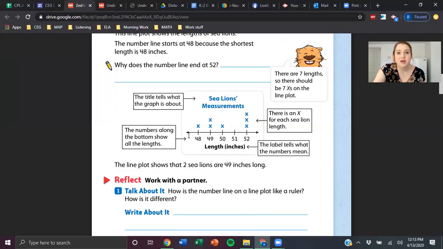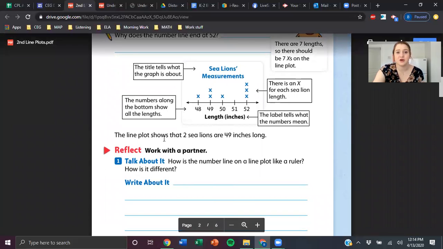Okay, so remember in a line plot, because it's like a number line, even though there aren't any sea lions that are 51 inches long, you're still going to write 51 because you're not going to skip any numbers. You start with the smallest measurement, you end with the largest measurement, and you want to count by ones in between.